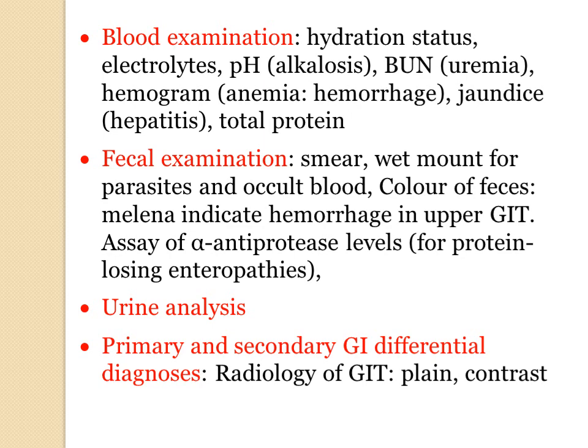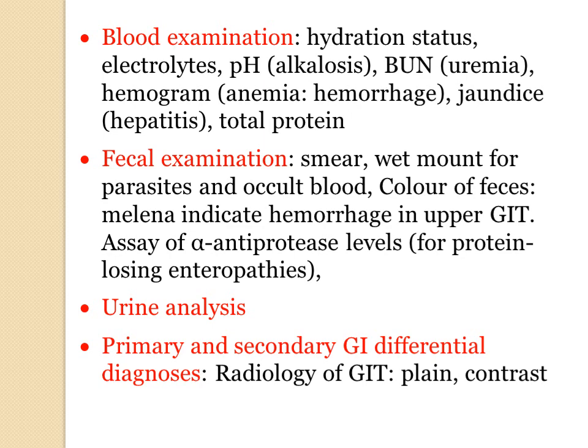Few cases require fecal examination also. Examination of fecal smear, wet mount for motile organisms or protozoa. Sometimes feces contain occult blood. The feces looks normal, but there may be blood inside. If minor blood is there, then it can be examined under the microscope by benzidine test, occult blood test.